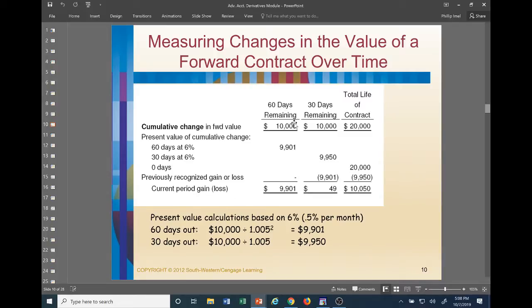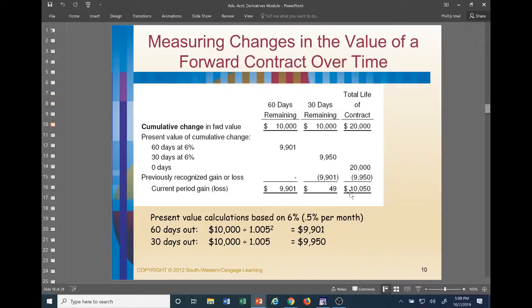So in the first 60 days, or when we had 60 days remaining, we had a current period gain of $9,901 because of the present value of the cumulative change. We have to factor in that we've already made this gain here, so the only change is now it's 9,950. The difference is $49 between the two. So that's how we get the current period gain here.